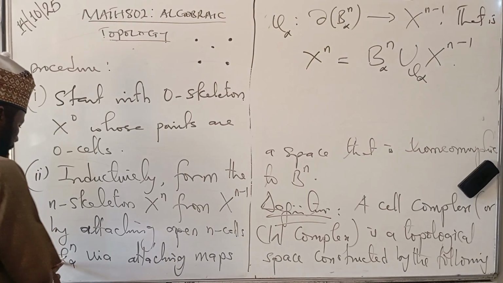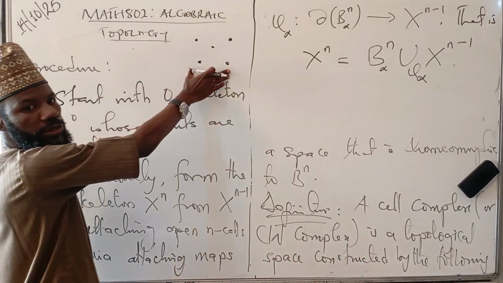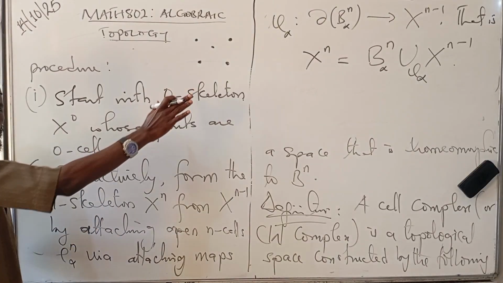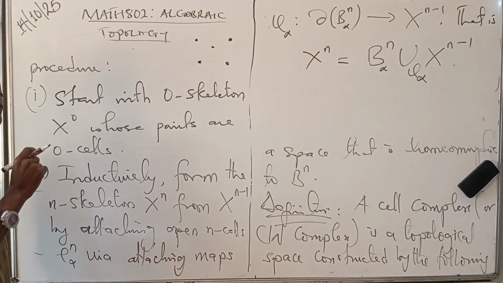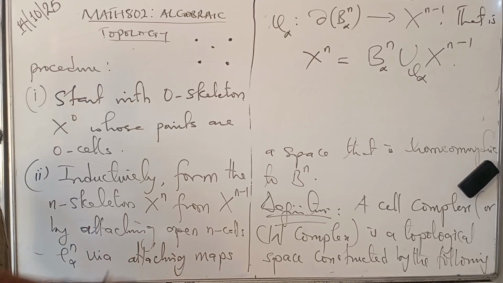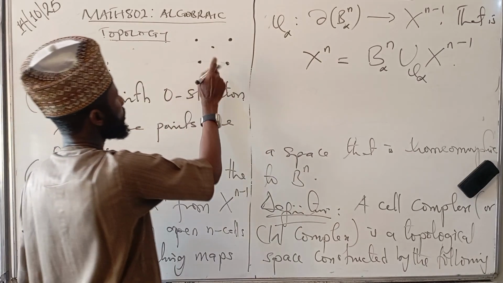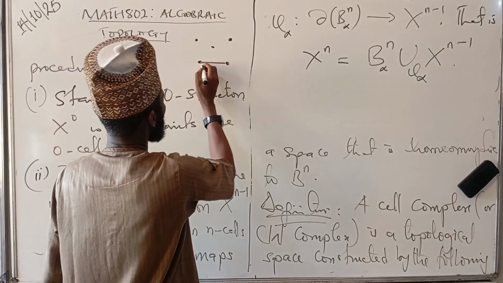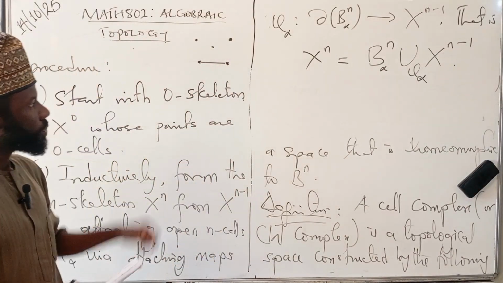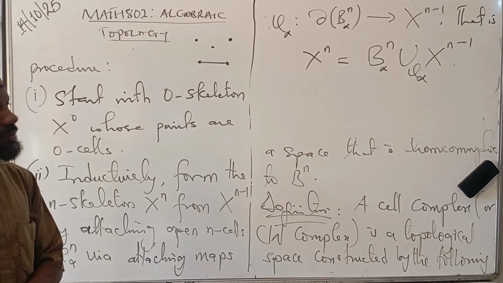So if you take dimension, because you have the 0 skeleton already, the discrete set, you now want to attach open 1 balls. Okay? These open 1 balls are going to be the open intervals to connect these vertices.